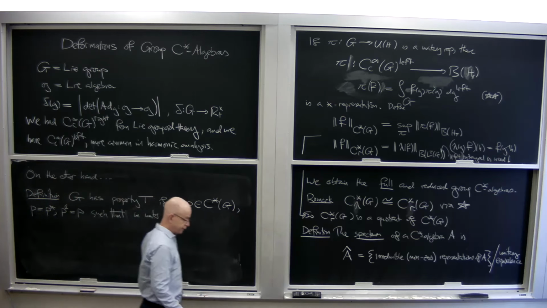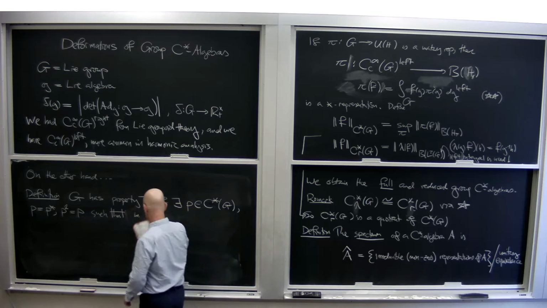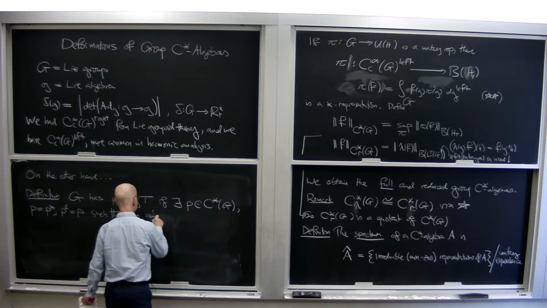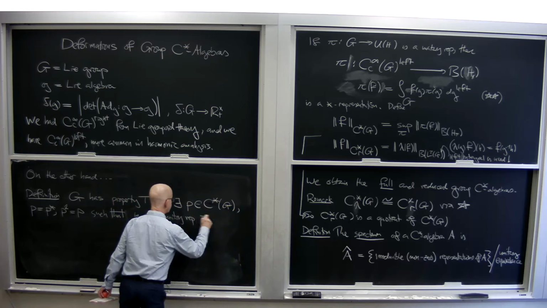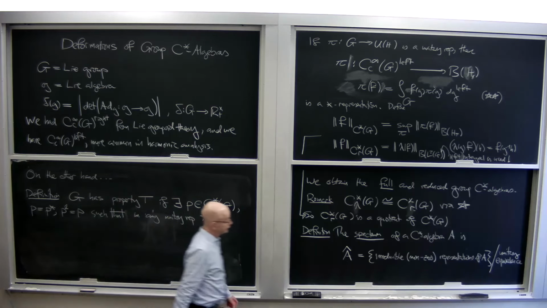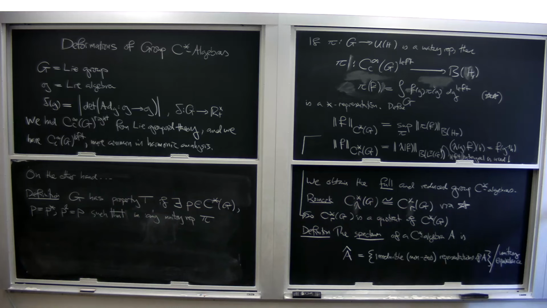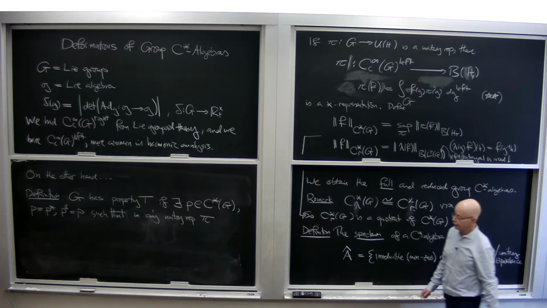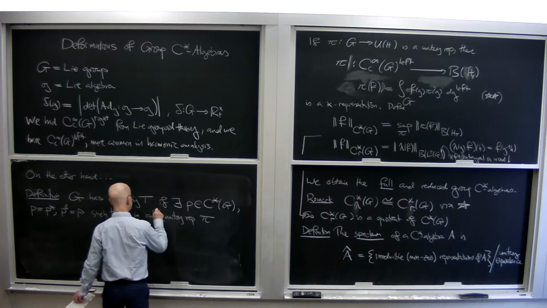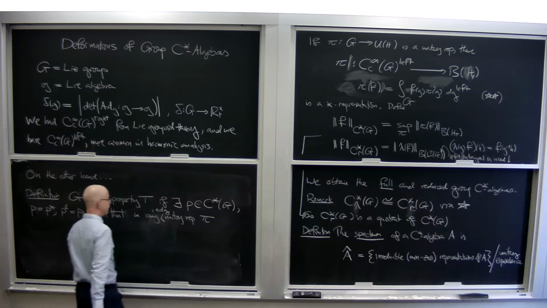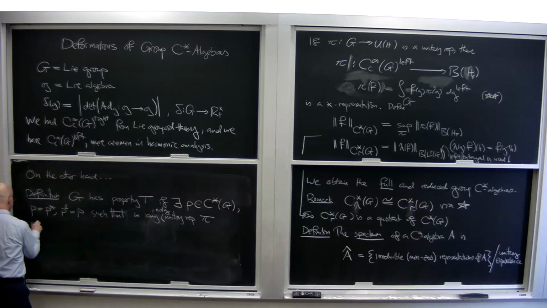With the property that in any unitary representation, which I can think of either as a unitary representation of G or a unitary representation of C star of G, I mean any non-degenerate unitary representation, you can apply that representation to P, and now you get an operator on the Hilbert space, and that operator is a projection because pi is a representation.